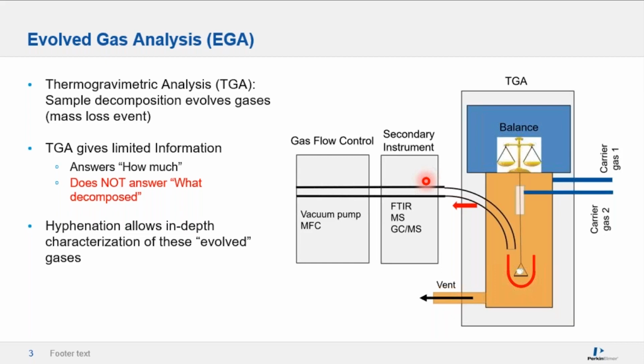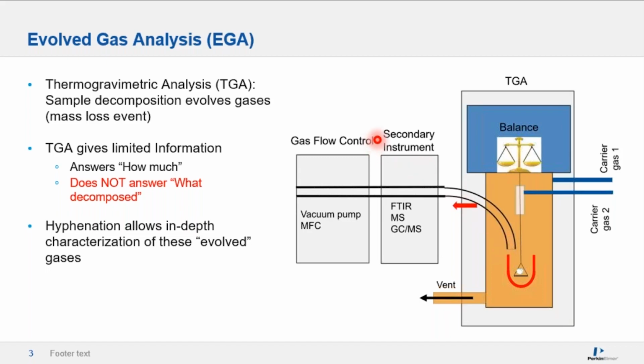This is a simplified diagram of a hyphenated system. We have the TGA on the right. It's being supplied by several carrier gases to purge the balance compartment and to purge the sample compartment. Then we have the sniffer tube that sits very close to the sample, very close to the furnace. As soon as those gases are evolved, they get moved to the transfer line.